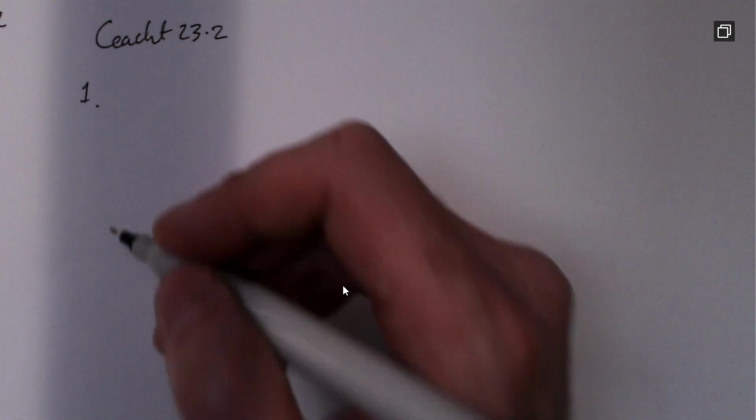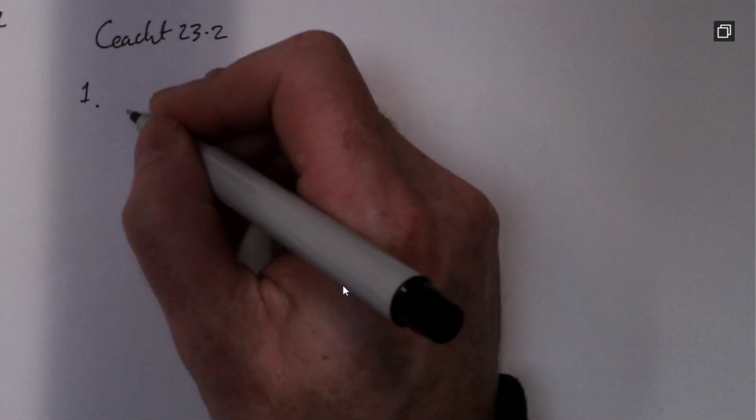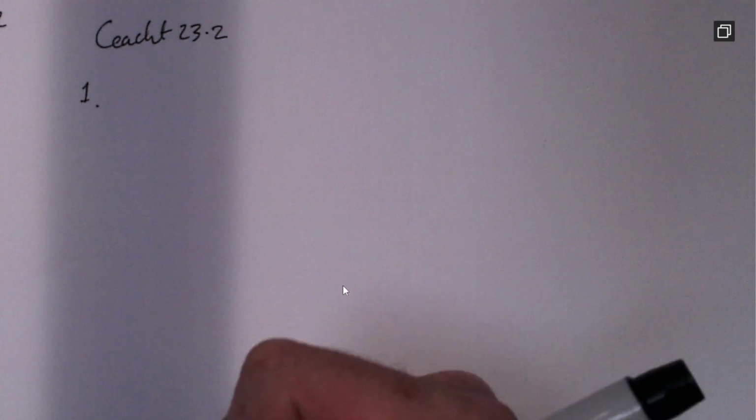So 3 coins means 2 by 2 by 2, because each outcome is heads or tails. That means 8 outcomes. Your pattern is just to fold them, because they're really handy.